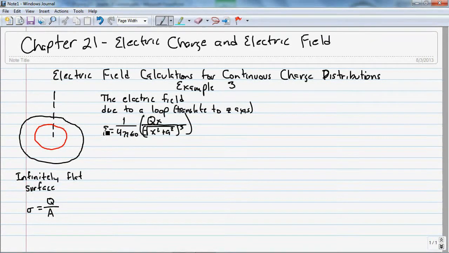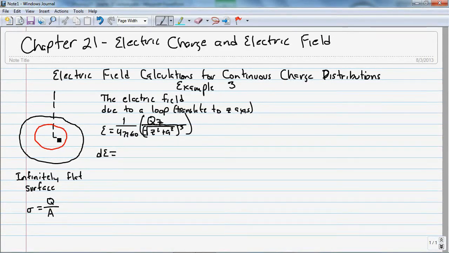So now I need to make a differential out of this loop. I'm going to have a differential electric field. Oh, and I forgot to translate this into z. Apologies.